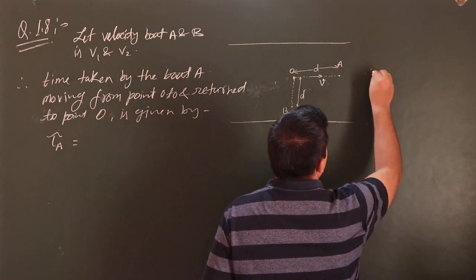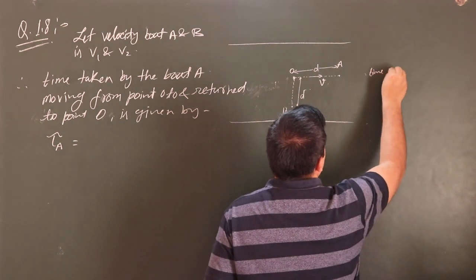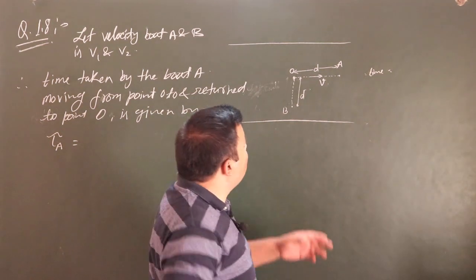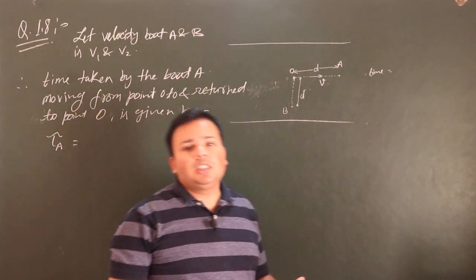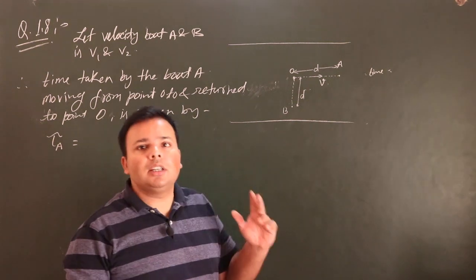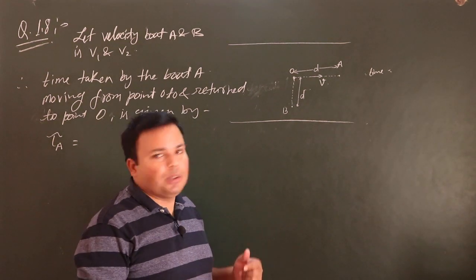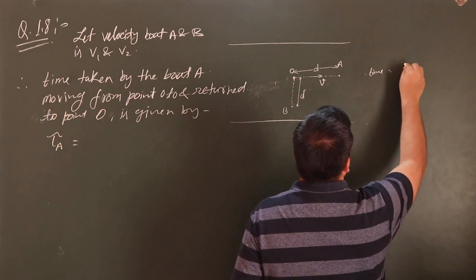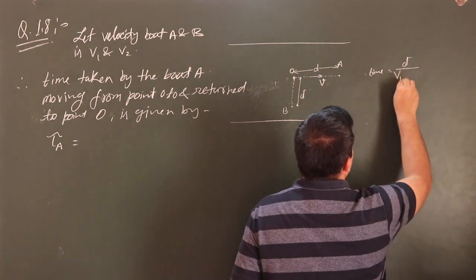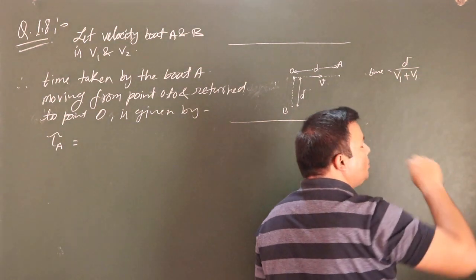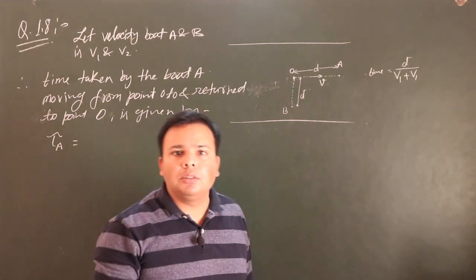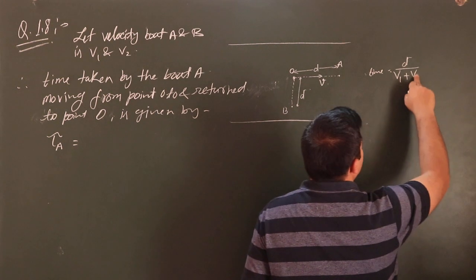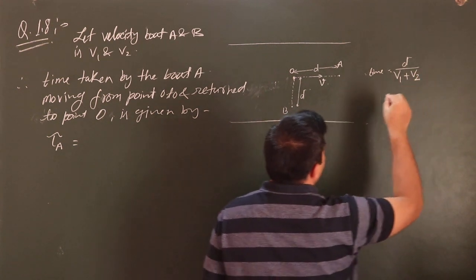We know that time is equal to distance upon velocity. When the boat is moving from point O to A, the velocity of the boat is along the direction of the stream velocity. Then time is equal to distance D upon V1 plus V2, because the boat is moving in the same direction as the stream velocity. Therefore its equivalent velocity is V1 plus V2.